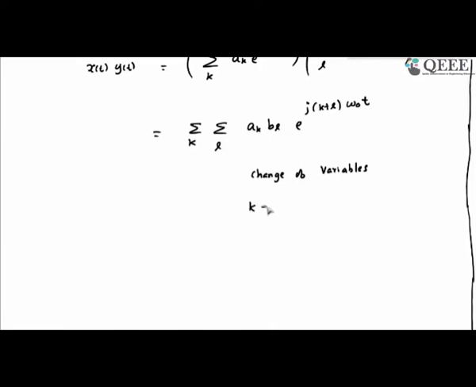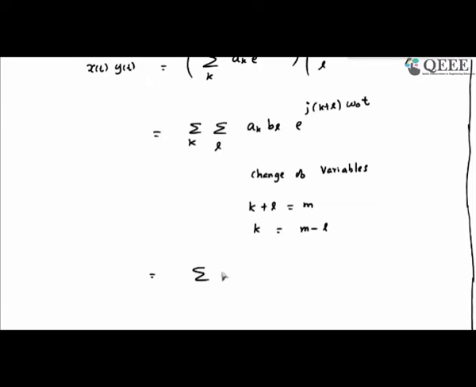I am going to substitute k plus l equals m. So that is essentially substituting k equals m minus l. Then I am going to write the summation in terms of m and l and remove the index k.